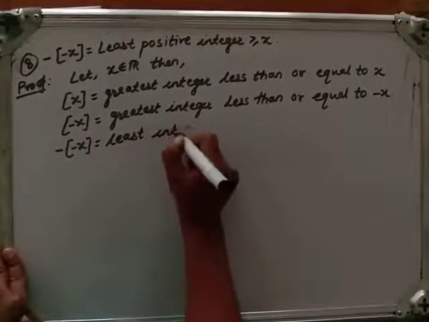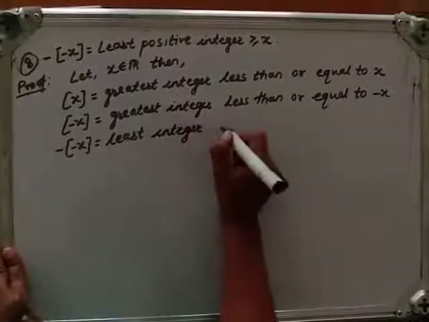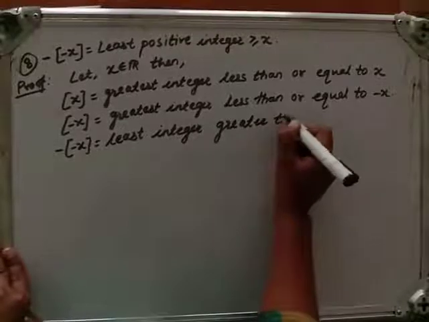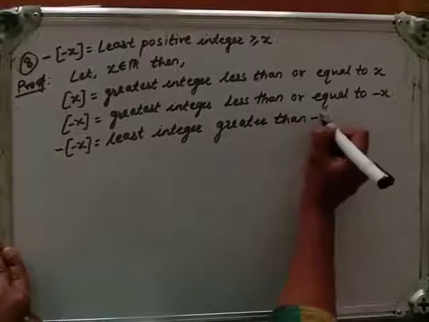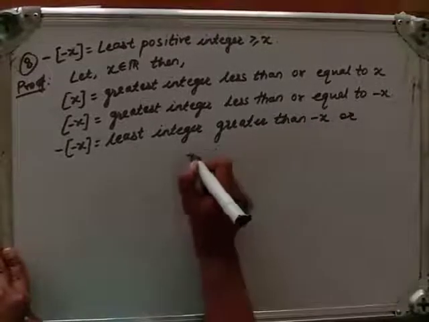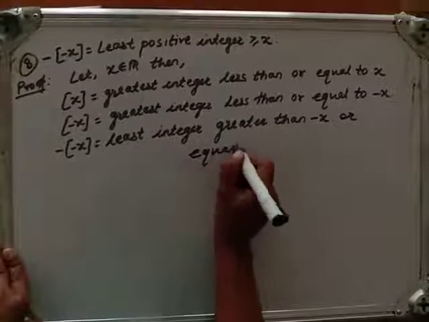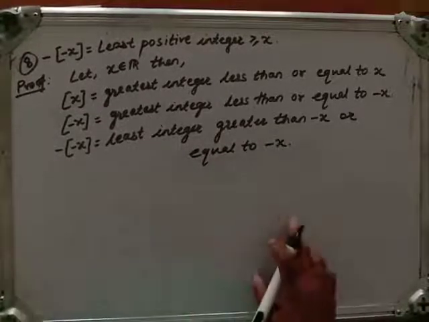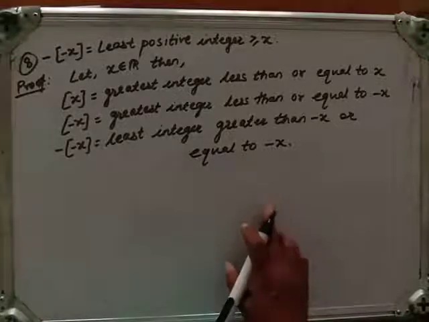So the least integer greater than or equal to x, that is, minus x. So this is about the properties of the greatest integer function.